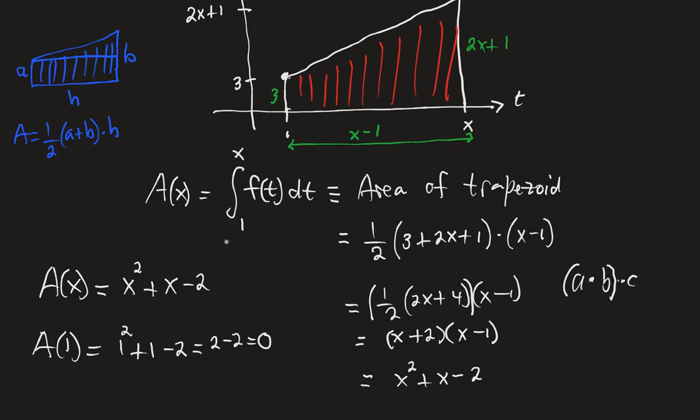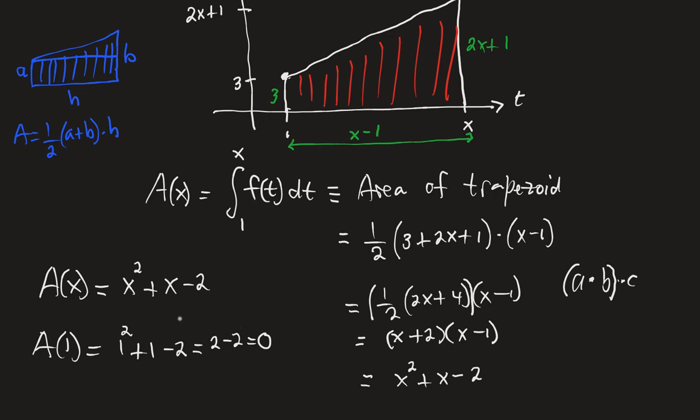If I put a 1 here, we know whenever the lower limit and the upper limit are the same, the value of the definite integral has to be 0. So there's a lot here: the geometry, the property of the definite integral, and the algebra of evaluating this area function, and we can see the consistency there.